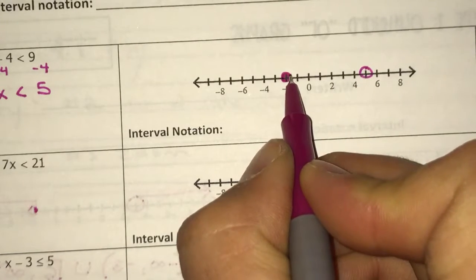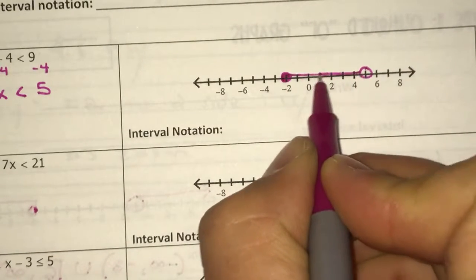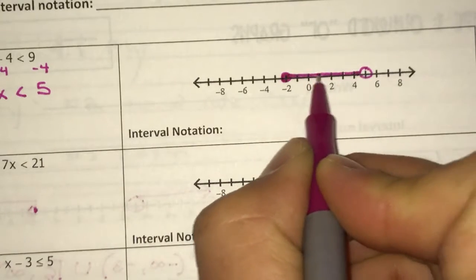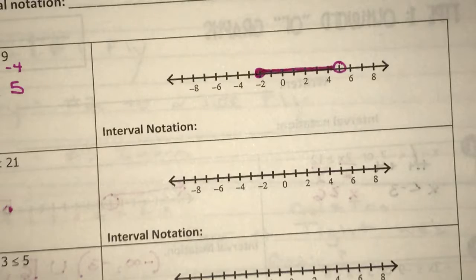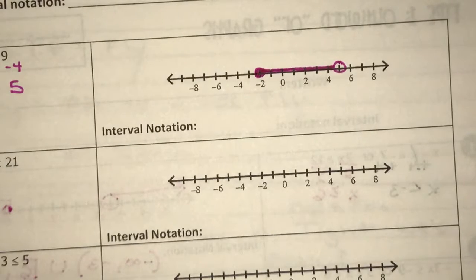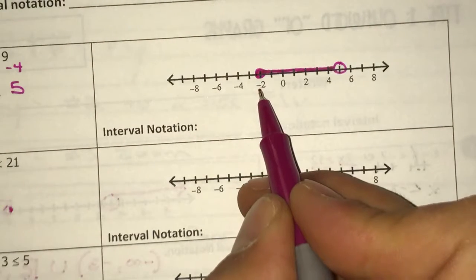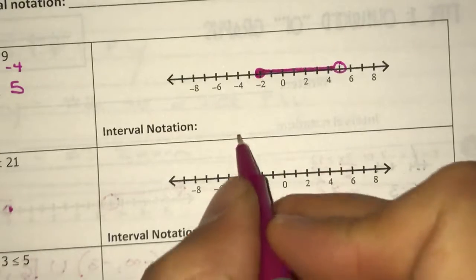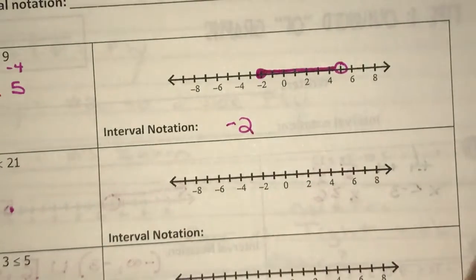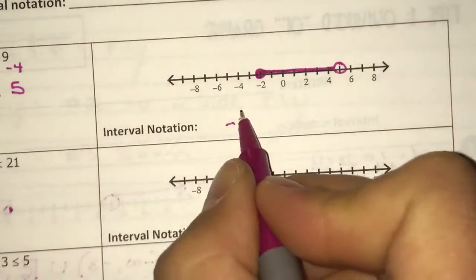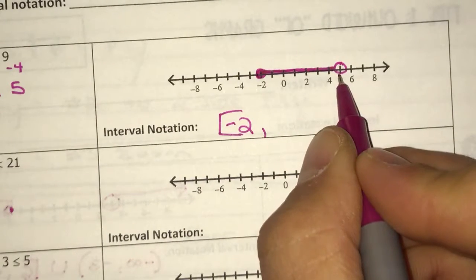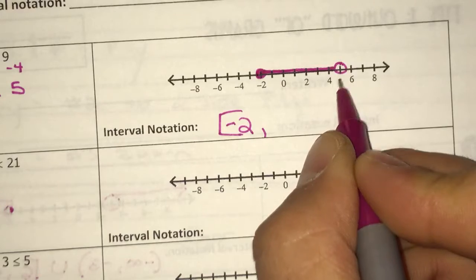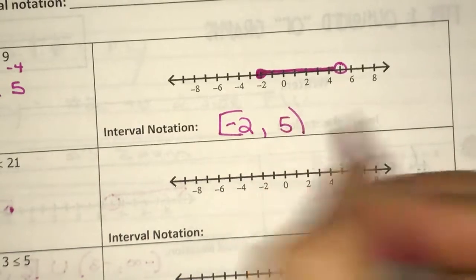So it's the space in between that is your solution. Interval notation, work left to right. So the first thing that I get to is -2. Parenthesis or bracket? Bracket. Next thing I get to is 5. Parenthesis.